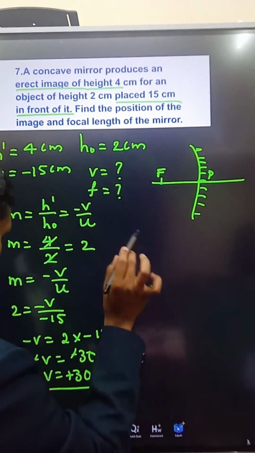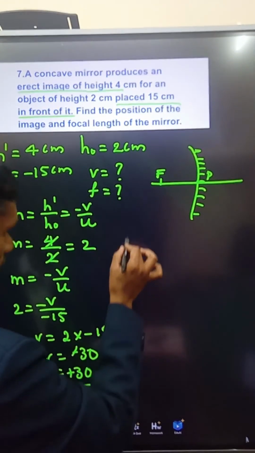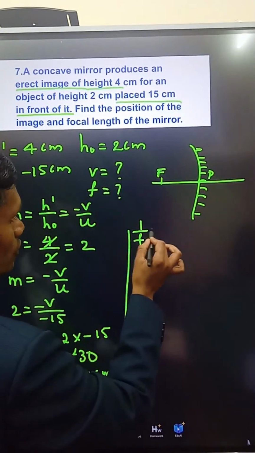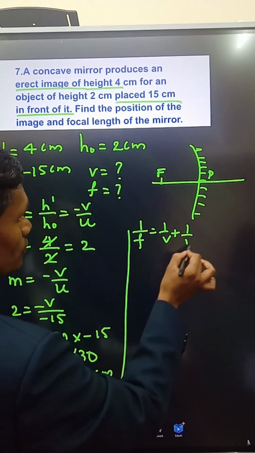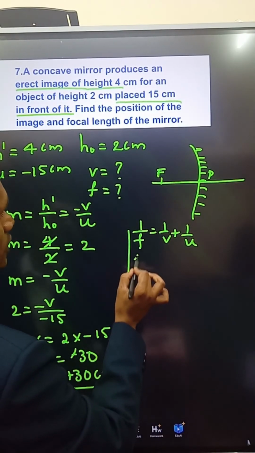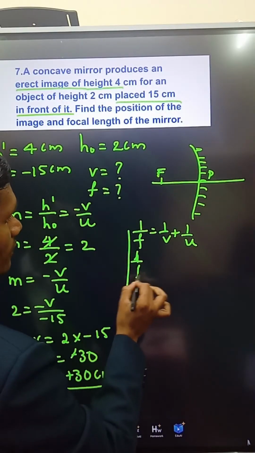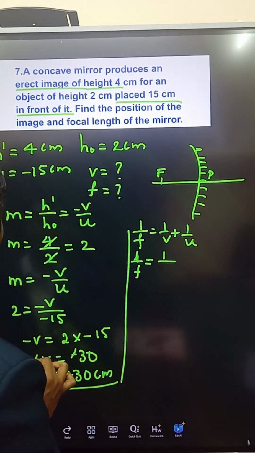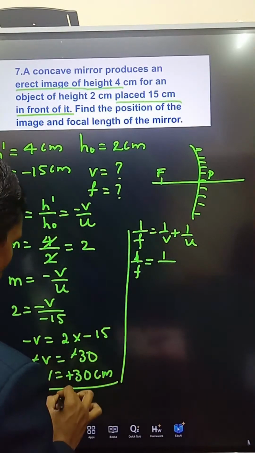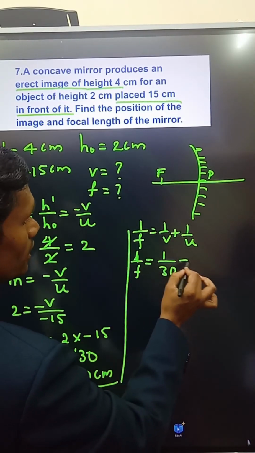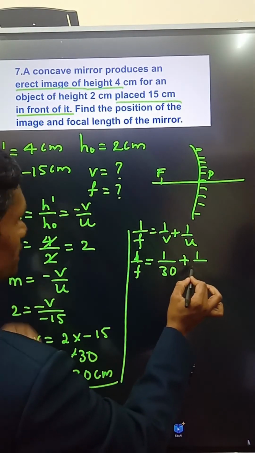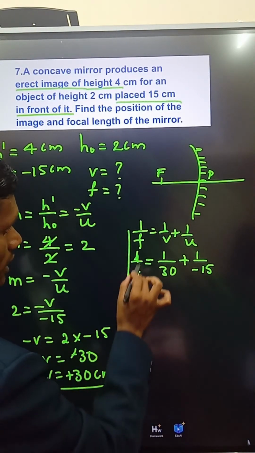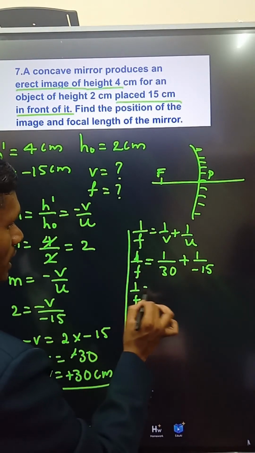Focal length we have not found out yet. Now you see, let us find out focal length first. We will understand. 1 by F is equal to 1 by v plus 1 by u, right? They have asked focal length. You calculate this first, I'll say. 1 by F is equal to 1 by v. v is how much? v calculated, that is plus 30. 1 by u, u is how much? Minus 15, right? No, here we are calculating, so we don't need to bring it to the other side. 1 by F is equal to this.